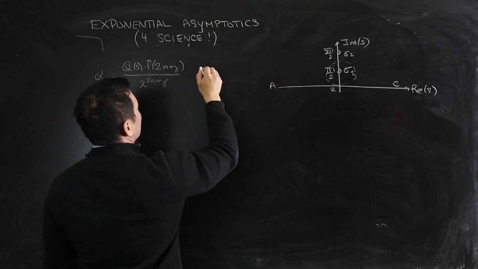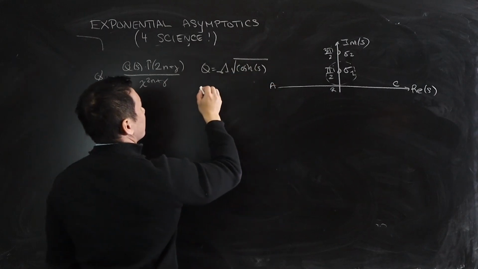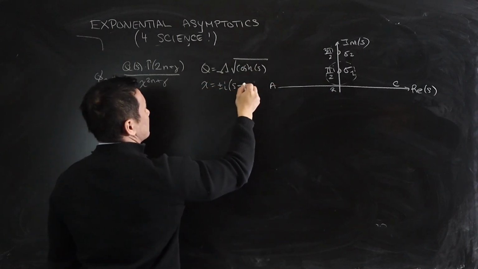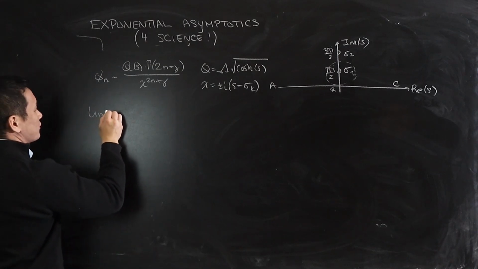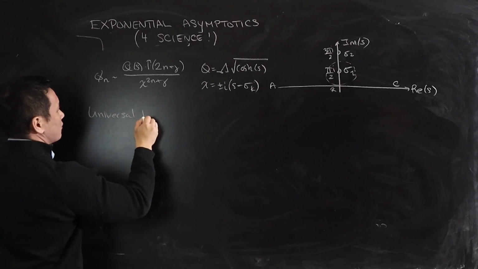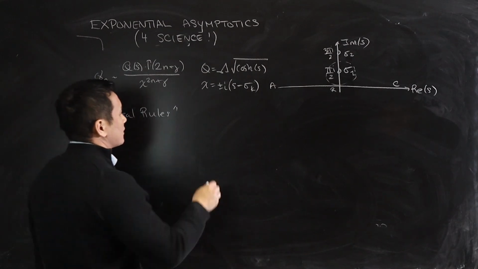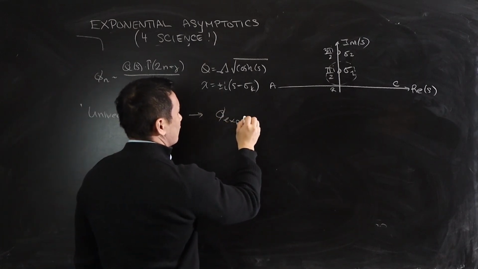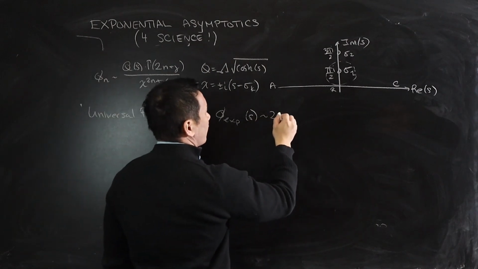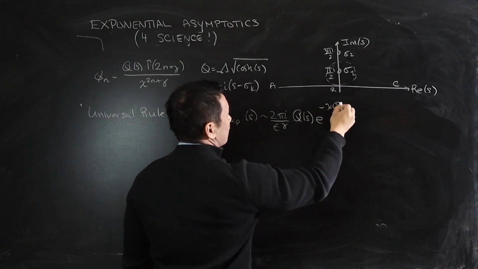And we found that q was lambda times the root of cosh, and chi was plus or minus i times (s minus sigma_k). Now, I'm just going to tell you, and you can double check, that the exponential that gets switched on, if I write that as phi exp, is essentially going to be 2 pi i over epsilon to the gamma times q of s e to the minus chi of s over epsilon.